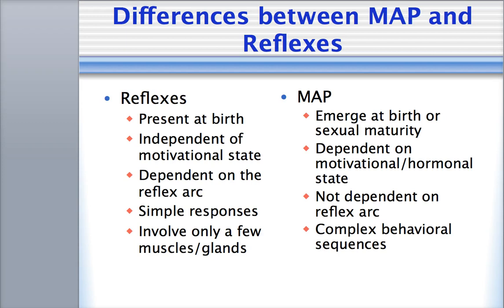Reflexes are relatively simple behaviors, but modal action patterns are very complex behaviors, entire sequences of behaviors. And reflexes involve only a few muscles and glands, whereas modal action patterns often involve the entire organism. Everything about them is involved.